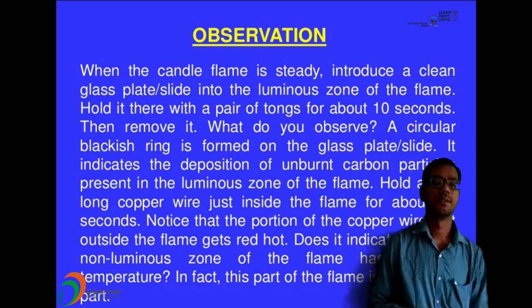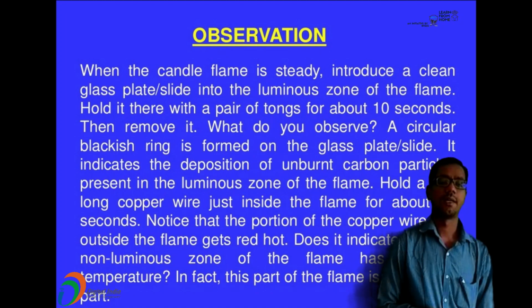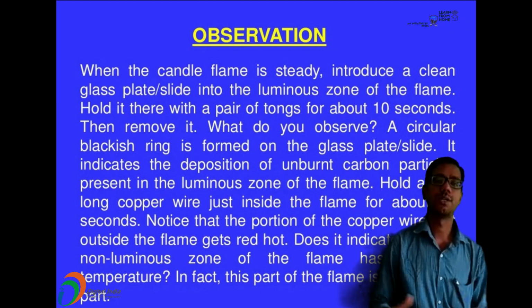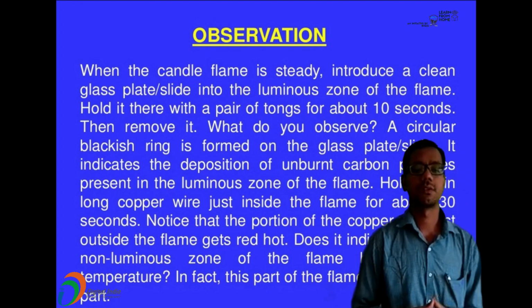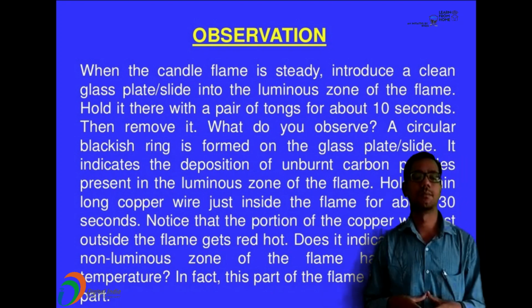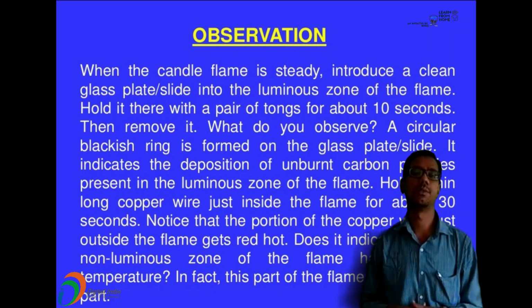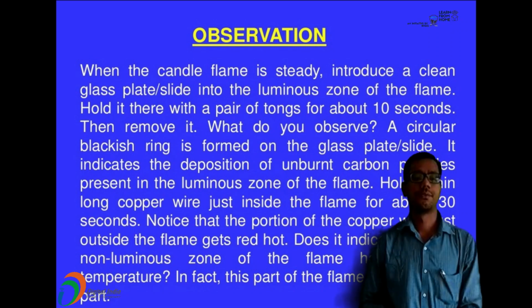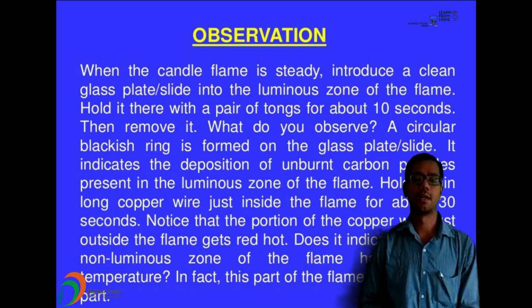What do you observe? We observe that a circular blackish ring is formed on the glass plate or slide. It indicates deposition of unburnt carbon particles present in the luminous zone, and these unburnt carbon particles are called soot.